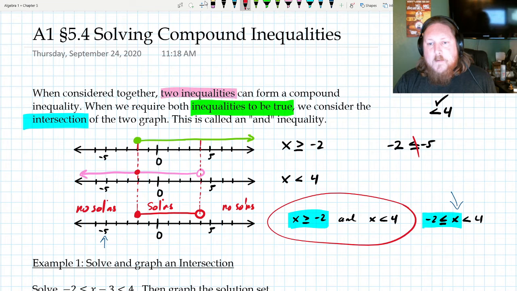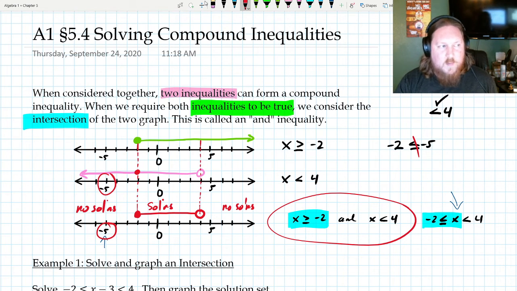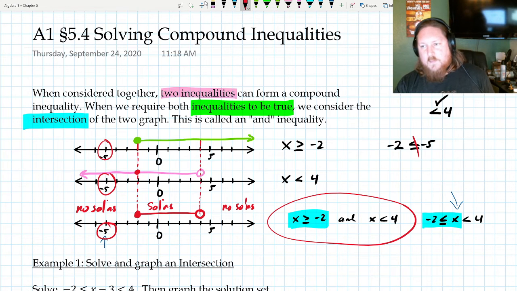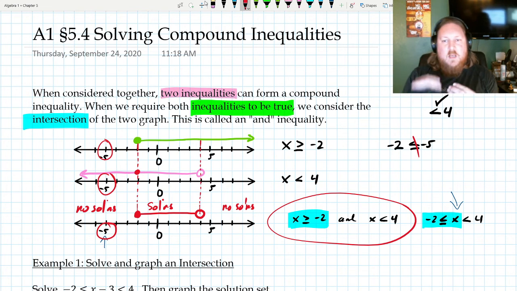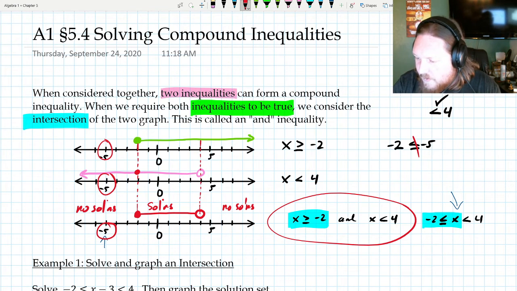And if you take a look over here, -5 is true for the x is less than 4 part of the graph, but not true for the x is greater than or equal to -2 graph. So the idea is it fits for one of them, but not both of them. And if you remember, for and inequalities, or these intersections, we want both inequalities to be true. Both of them are true.